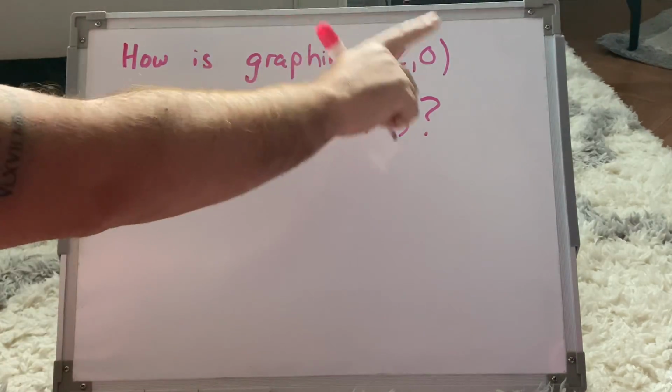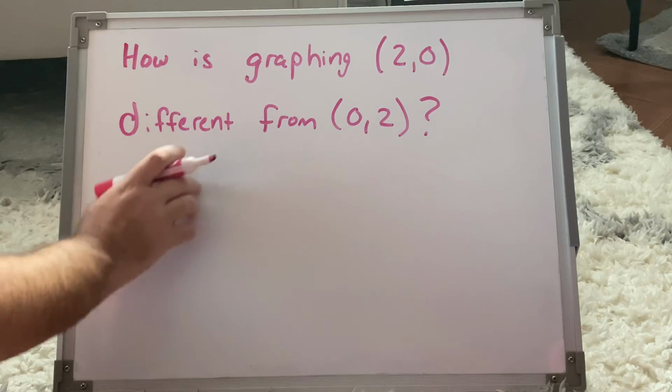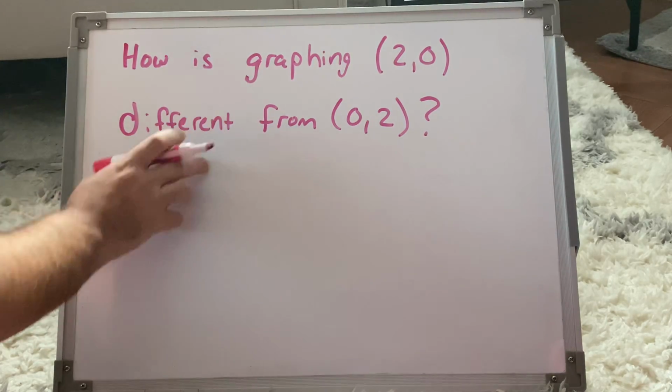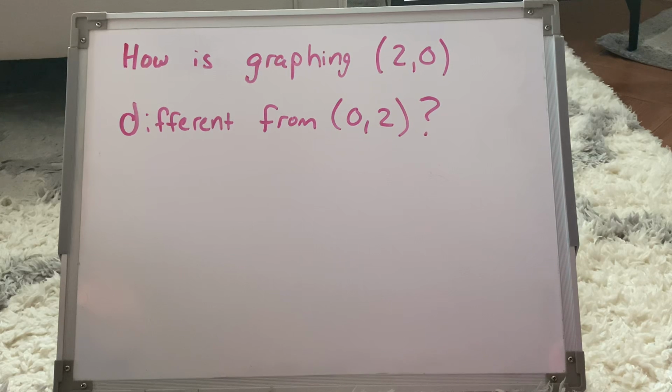I want you to think about the axis and I want you to answer that question, and that's something that we can discuss. Actually, I'm gonna post this as a question in our Google Classroom and you can answer that question there for me, okay?